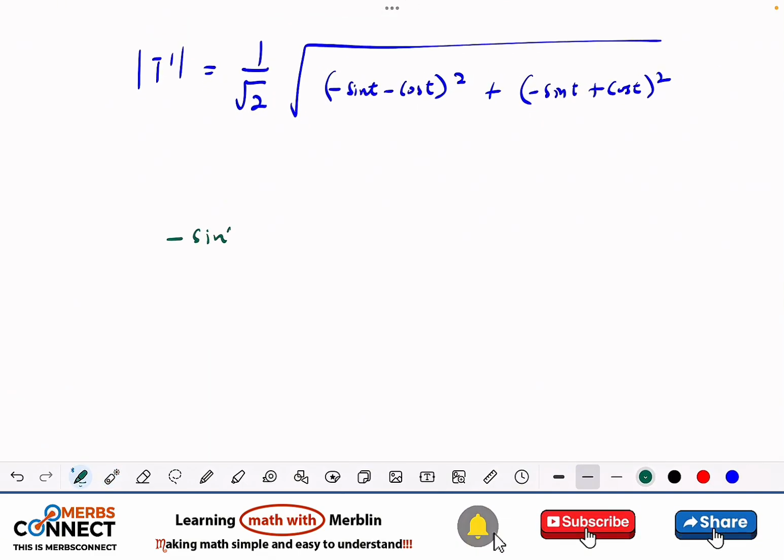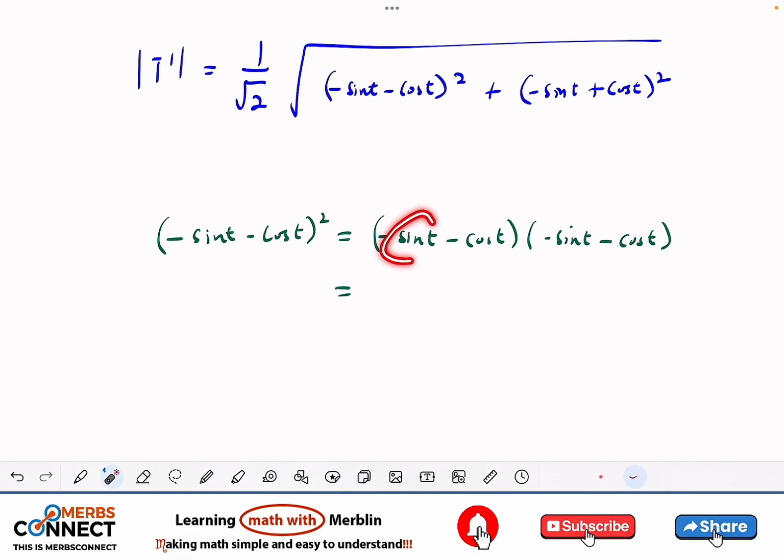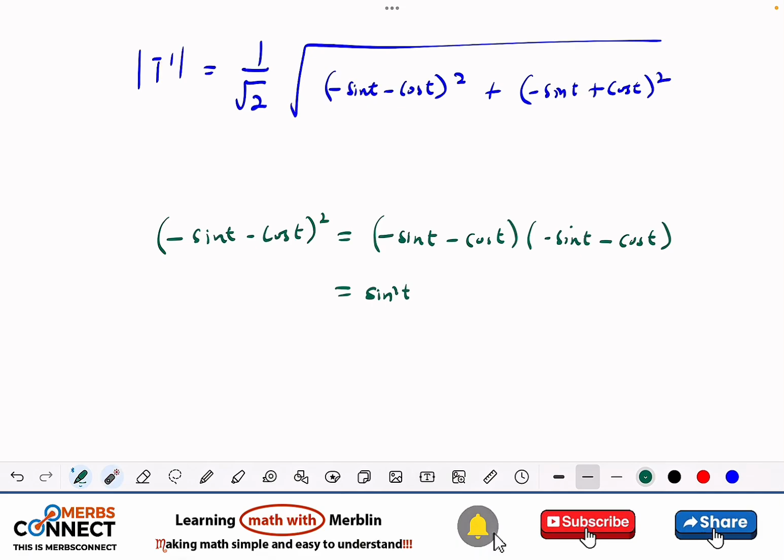So minus sine t minus cos t all squared. This is the same as minus sine t minus cos t times minus sine t minus cos t. So let's multiply. Sine times sine is sine squared t, and then sine and cos will be plus sine t cos t, another plus sine t cos t, and then plus cos squared t.